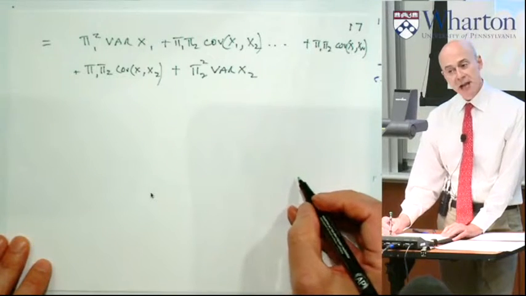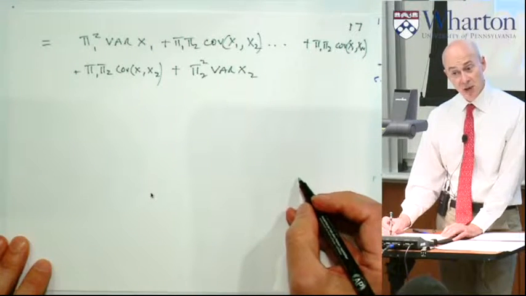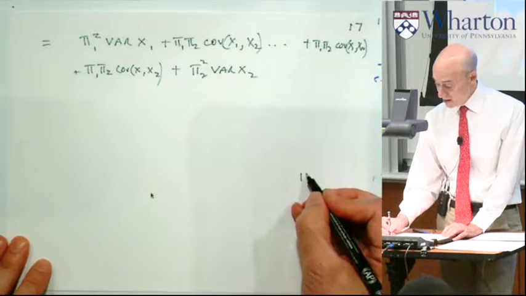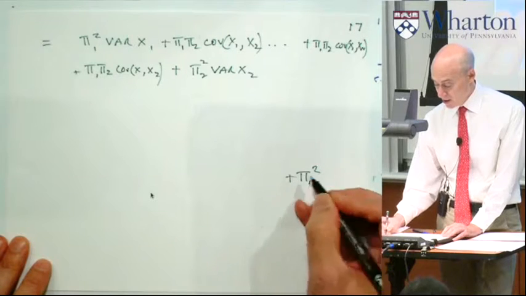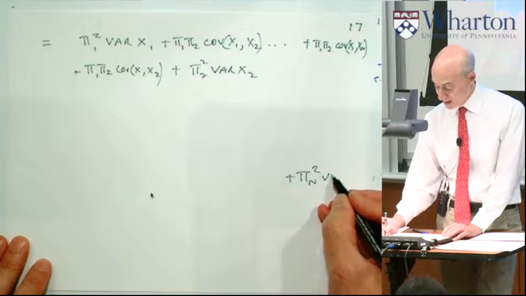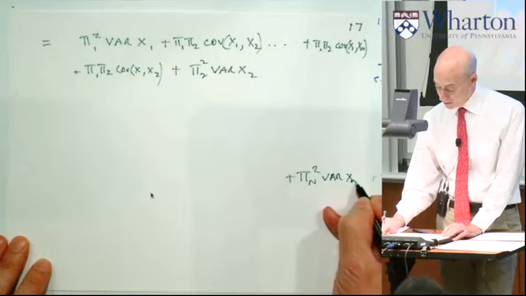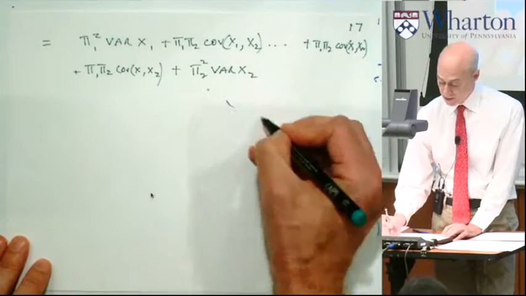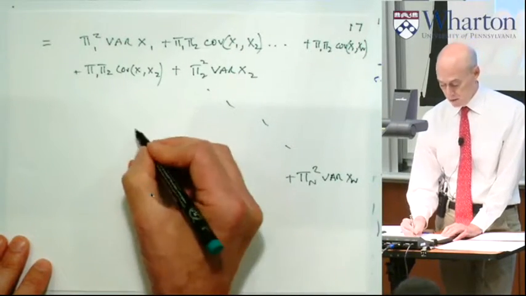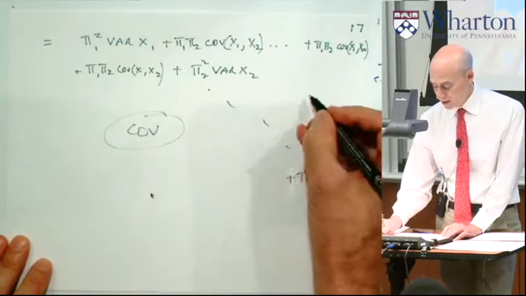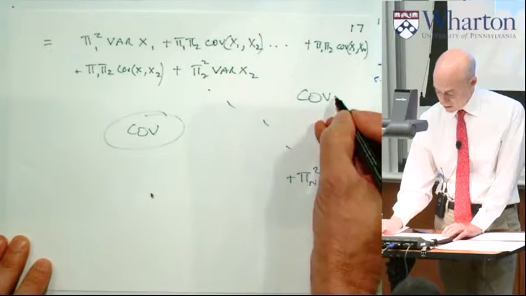As we go down, all the diagonal terms are going to be variances, because you're getting the term by itself. And what are all the off-diagonal terms going to be? Those are going to be covariances.